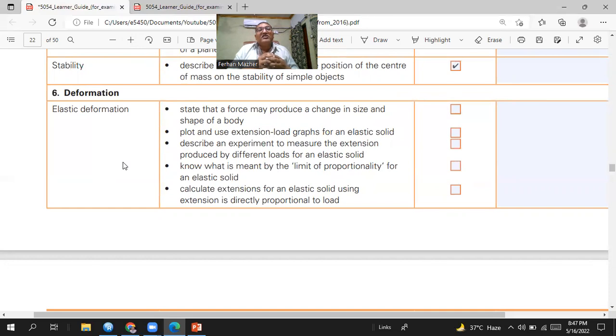The force can change the size and the shape of the body. For example, when you apply a force on a body, the length of that body will change. For example, you have a spring and you stretch it. So when you stretch it, the length will change.